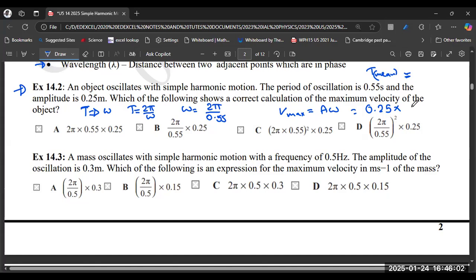And the omega value will be 2 pi divided by 0.55. So you have your answer. Is it available? 0.25, 0.55. So the answer is B.